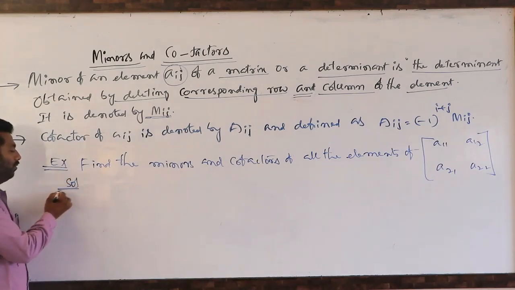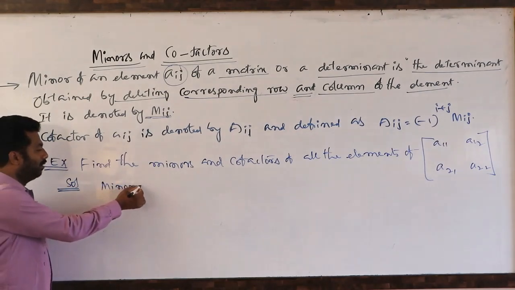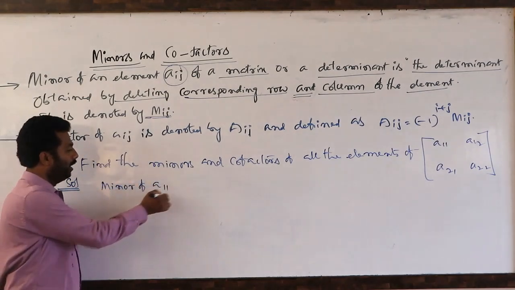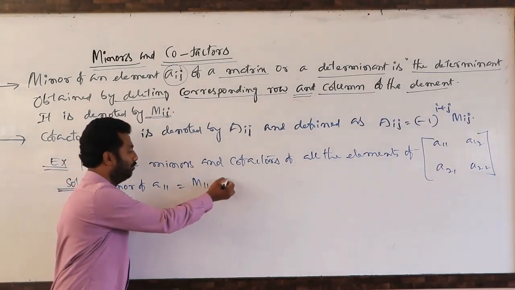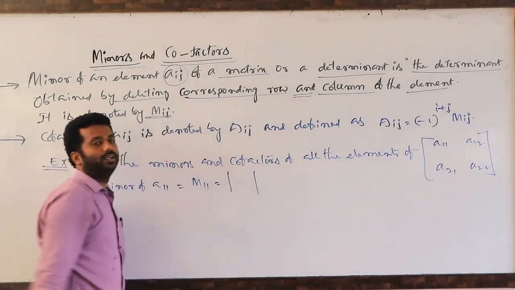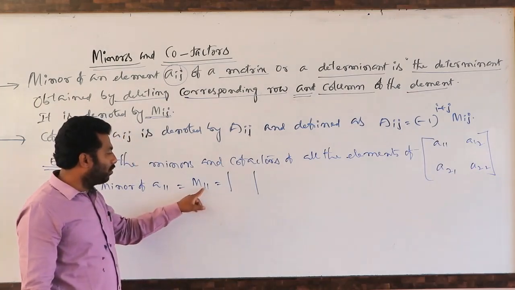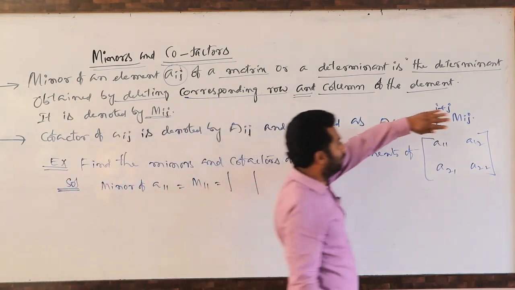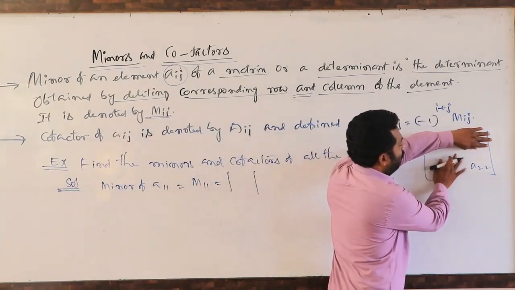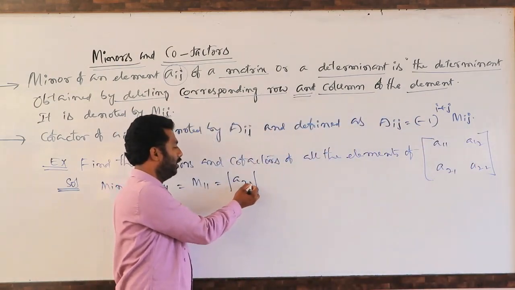First, we are calculating the minor of A11, nothing but M11. It is a determinant obtained by deleting the corresponding row and corresponding column. First row, first column we have to delete. What is the remaining element? That is A22.